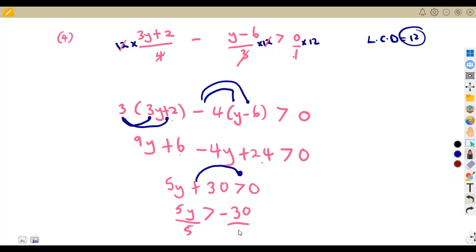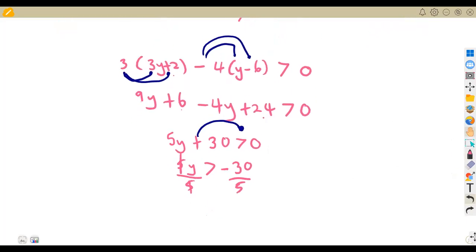So divide by 5, you get the value of y. So this is the solution. y is going to be greater than. We are dividing by a positive number. So this does not affect our inequality. Negative 30 divided by 5 is going to give us a negative 6 on your calculator.